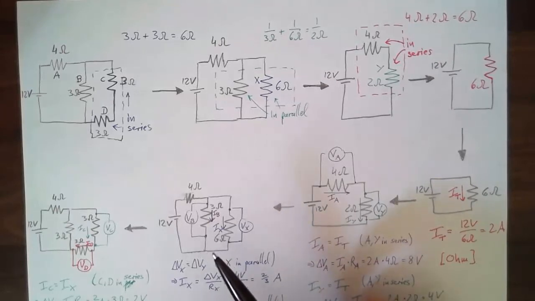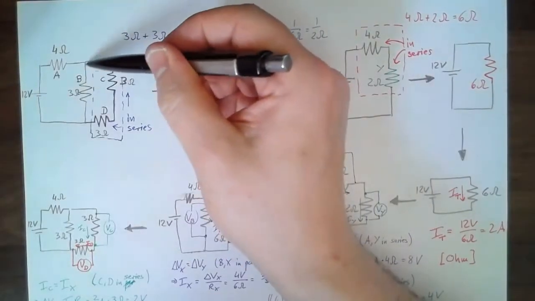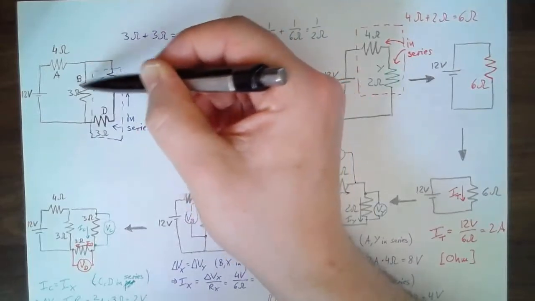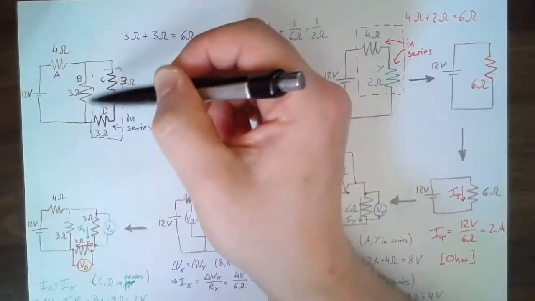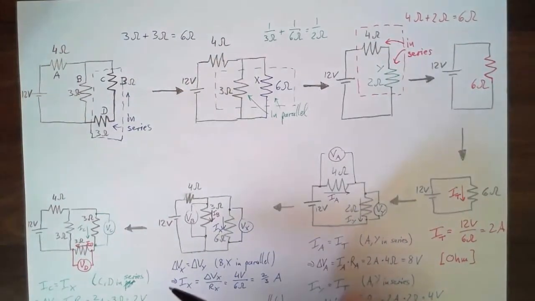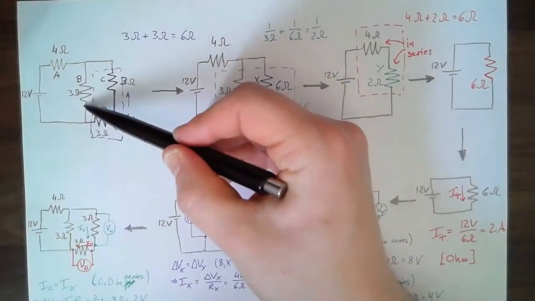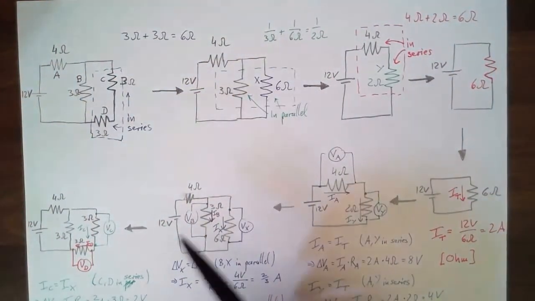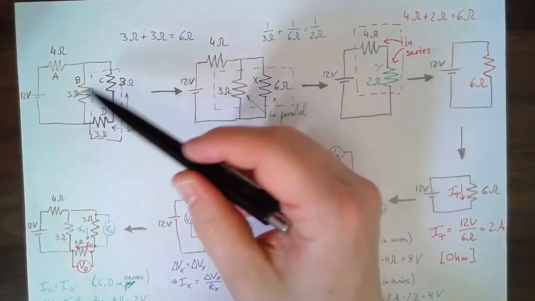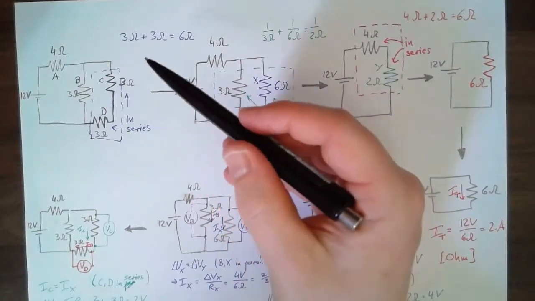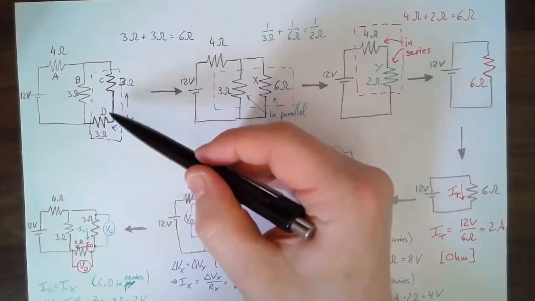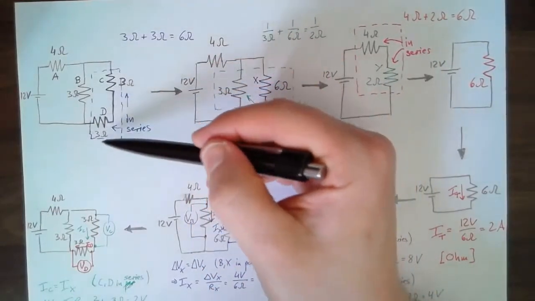If you have a hard time finding them, just use the method where you color each segment of wire in a different color, separated by the resistors or the battery, and then look: well, if I go from red to green here, is there another red to green somewhere? Then those two would be in parallel. If you find some in series, it's usually easier to spot, because it just means you need to find a wire that doesn't have any junctions in it and just connects two resistors. So in this one, that's where we start.